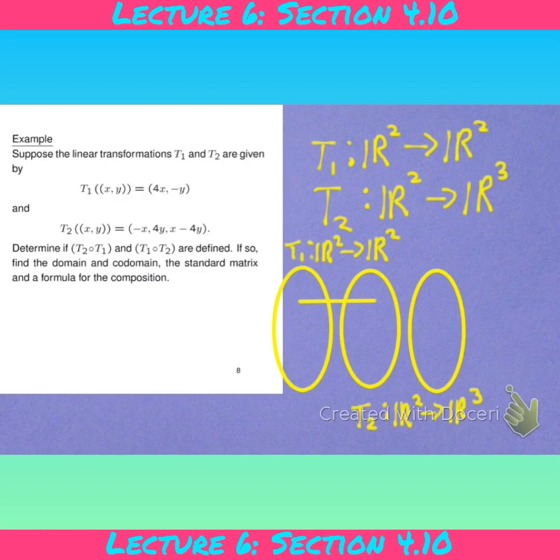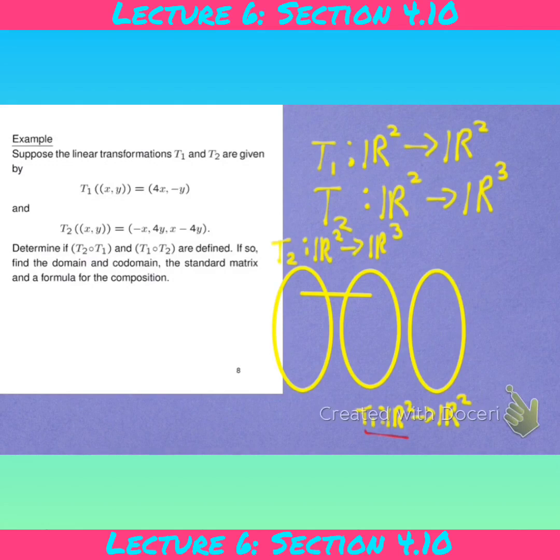If we now look at the composition T2 with T1, that is going to clearly take a point there and map it to a point there. So it is clear that T2 composition T1 is definitely defined. But if you look at T1 composition T2, T2 takes a point in R2 and maps it to a point in R3. Now the question is, can T1 map a point in R3 anywhere? No, because the domain of T1 is R2.